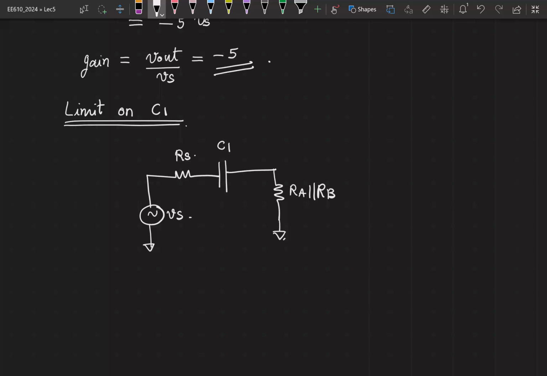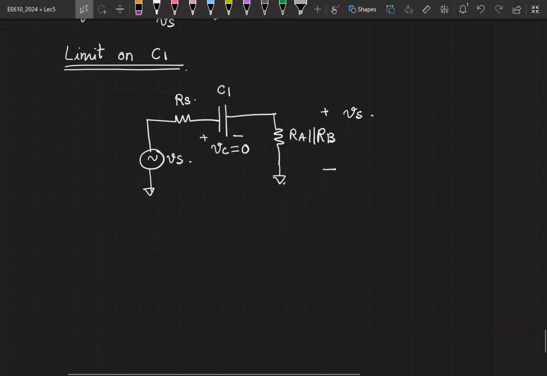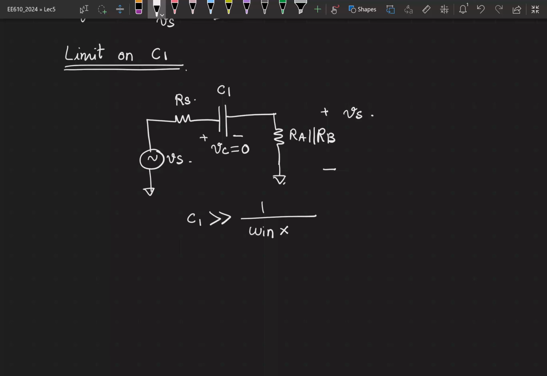And our aim is to make sure that the potential drop Vc appearing around C1 should be as close to 0 as possible, or that the potential drop across Ra parallel Rb should be equal to Vs. And how did we say that we can achieve this? By making sure our C1 was much greater than 1 by omega n times the equivalent resistance that is appearing across C1. How do I find that?